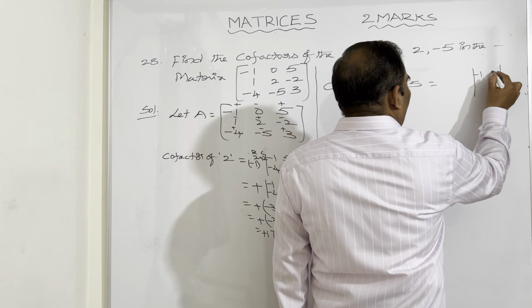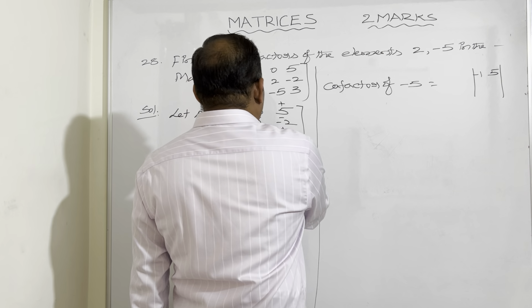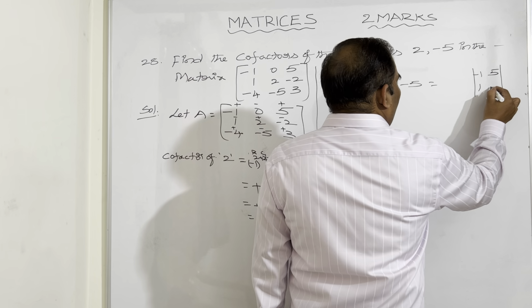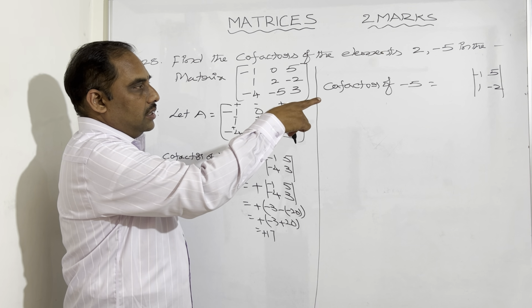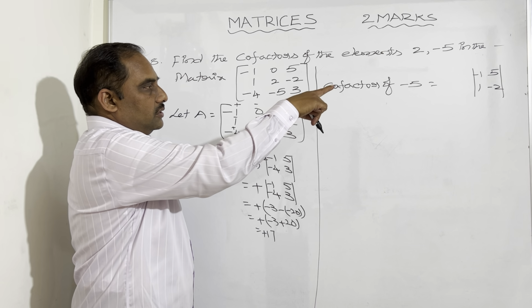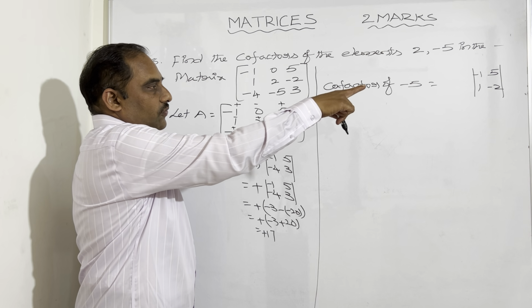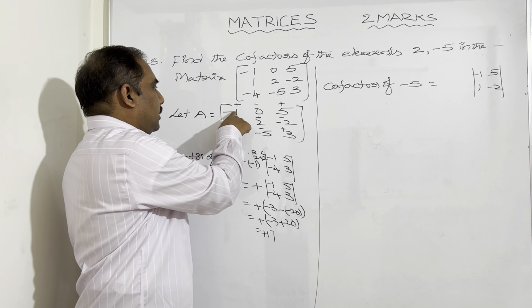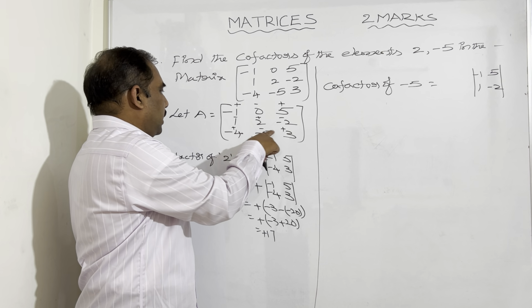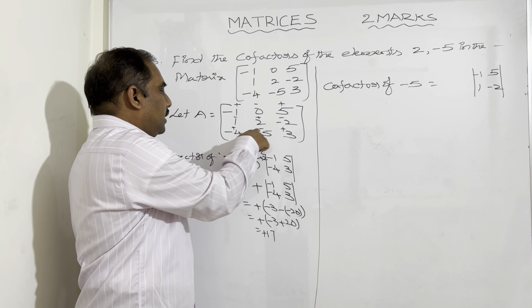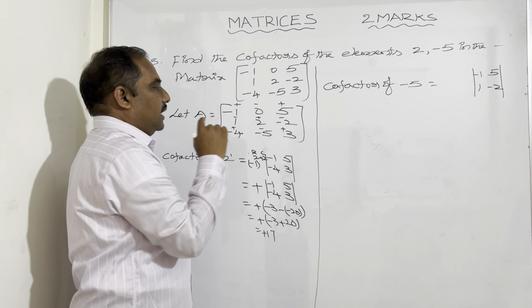Here that is the minor. The minor of minus 5 is the determinant of minus 1, 5, 1, minus 2. How we get this is by deleting the third row and second column.